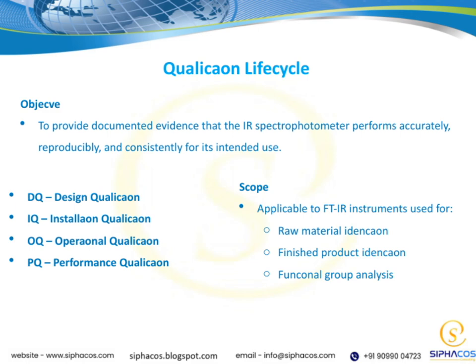And last is performance qualification, PQ, which validates that the instrument consistently produces valid results in real-world conditions. All of these steps are interconnected and vital to maintaining the integrity of our testing processes and ensuring the FTIR instrument performs optimally throughout its life cycle.